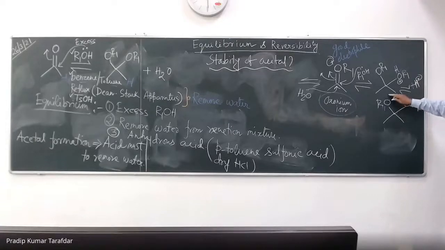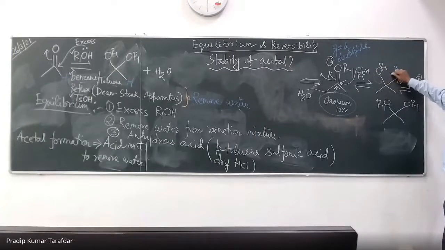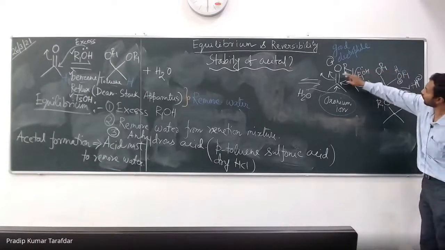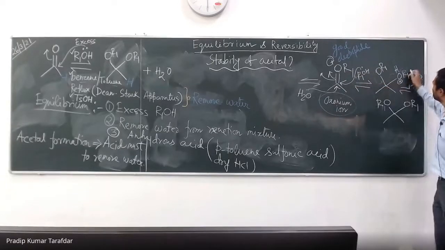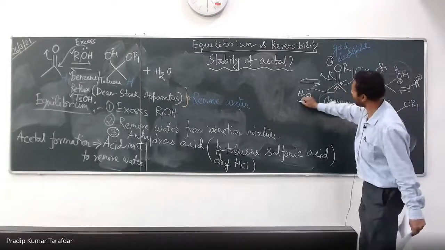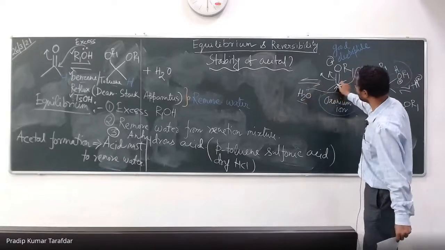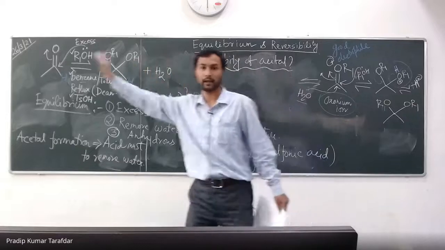So that H plus will join here, then this will attack, this will go. In the forward direction I did an addition, so the reverse reaction will be a removal, because this is also a good leaving group. Then I will get this. If I have water, then this water will attack, I will get this, and then I should get back.